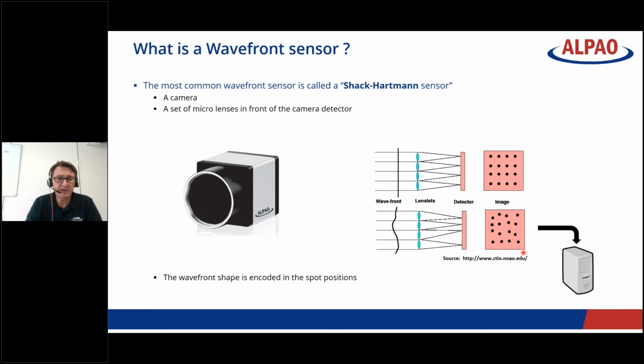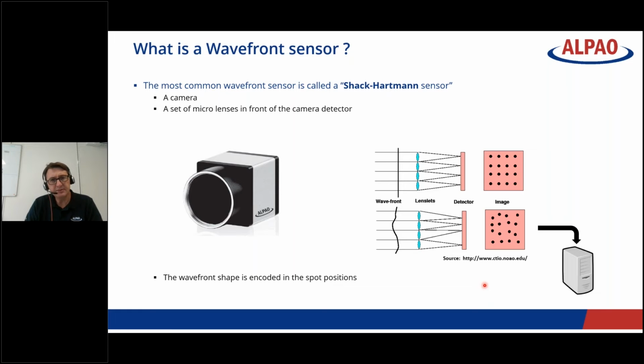And actually, the position of each spot will give you the wavefront, or to be more accurate, the gradient, the local slope of the wavefront. And this is what can be used by the computer to compute the correction to be done.